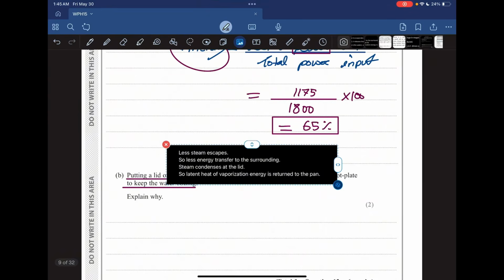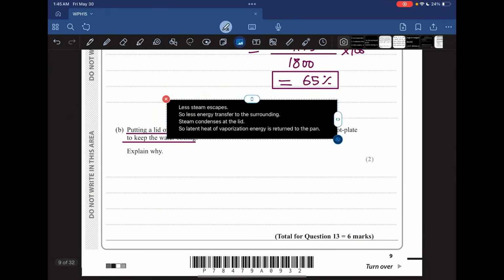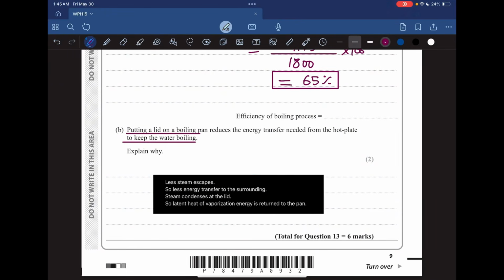Let me bring the answer. So basically this is going to be our answer: when you put a lid, less steam actually escapes, and so less energy is transferred to the surroundings, because a smaller amount of vaporized gas is going to the surroundings. Now the reason behind adding another 2 points is that giving the first 2 points will award you the full 2 marks.